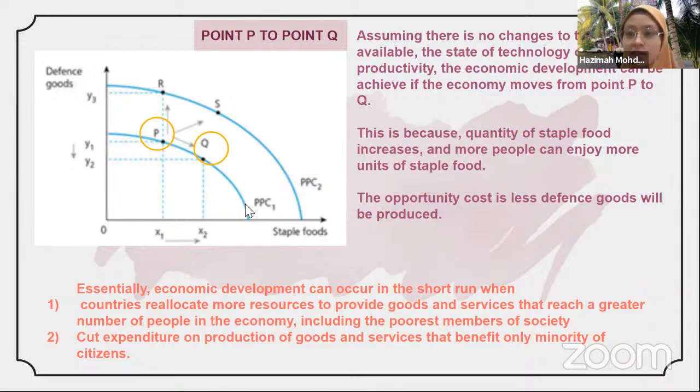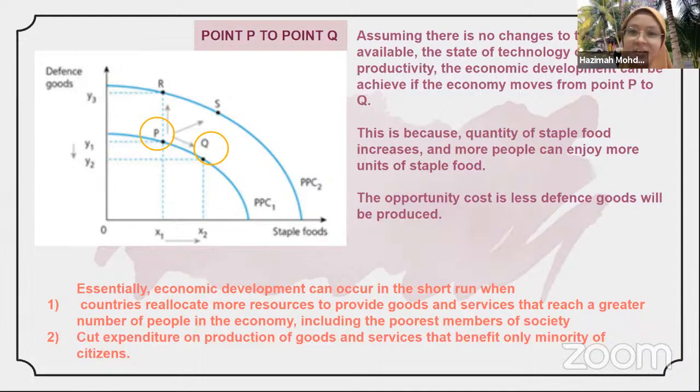Meaning they reallocate resources more to give the people, all the people in the country, rather than producing defense good. Because defense good ni dia macam benefit only to the tentera and the fame of the country, not to the people. Okay, do you understand?